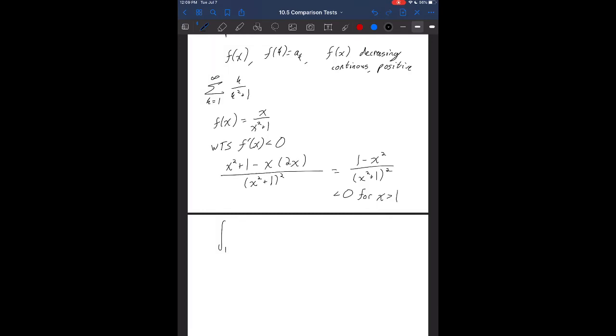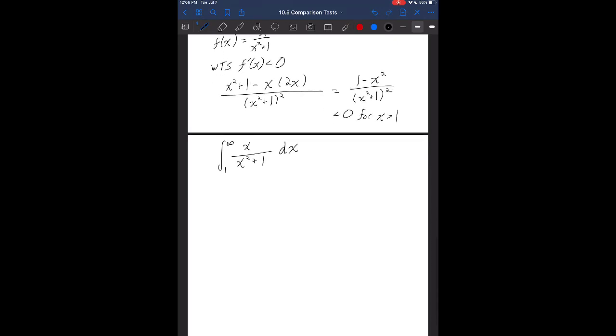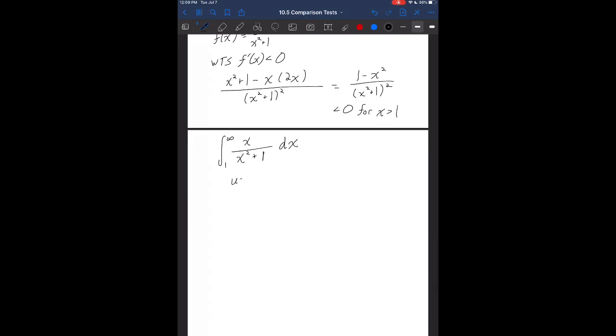So what we want to do is evaluate the integral from 1 to infinity of x over x squared plus 1 dx. Now what we can do in this is use a u substitution with this x squared plus 1, and this will allow us to get rid of this x dx here.